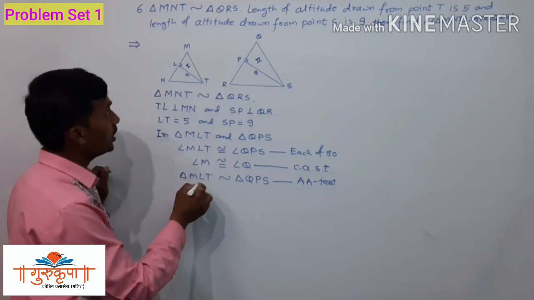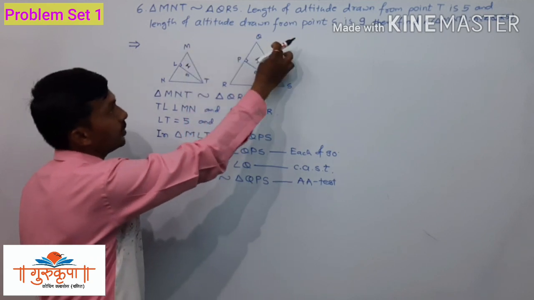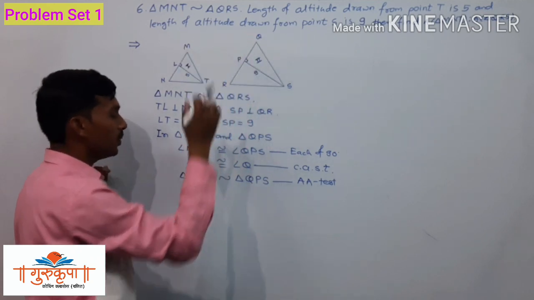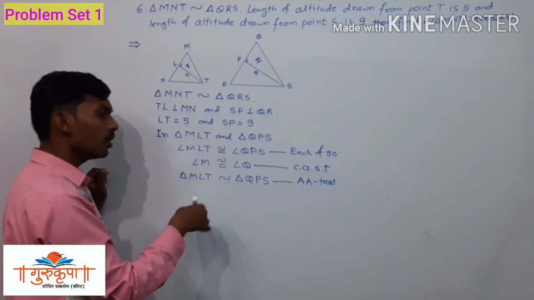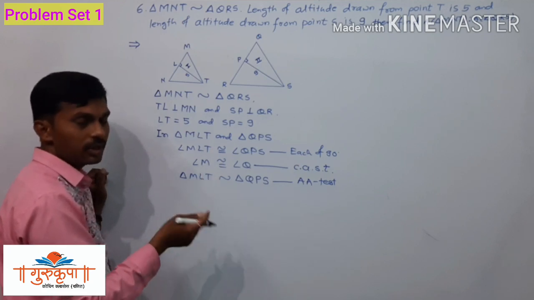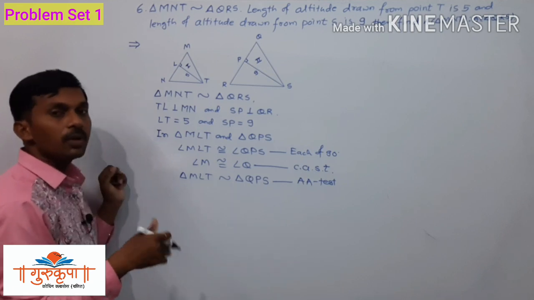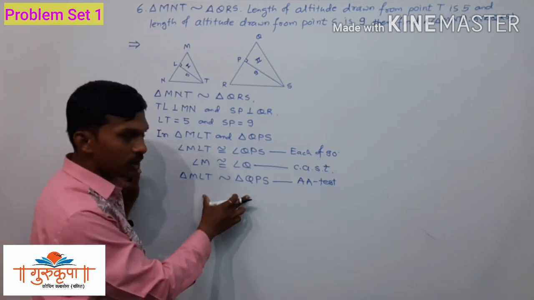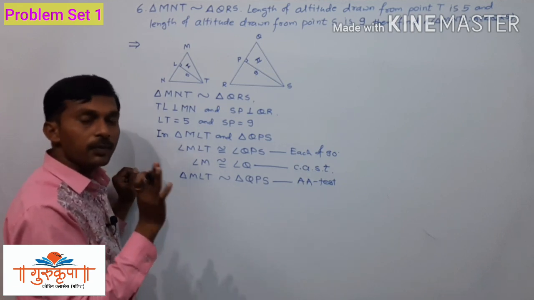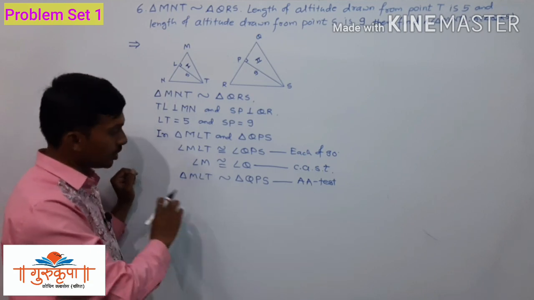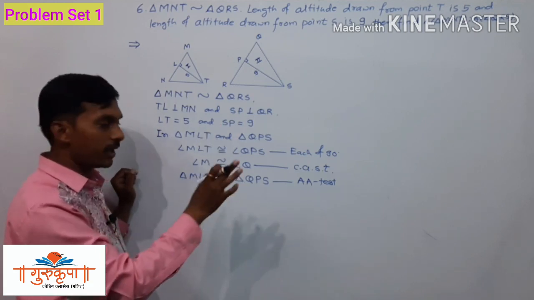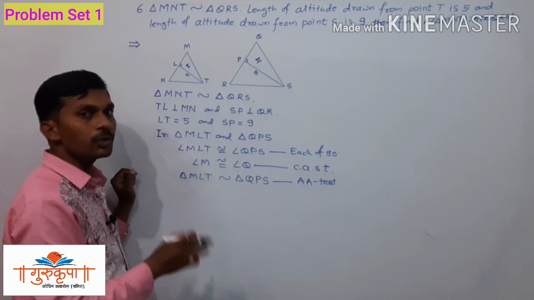Now here we can write MT upon QS is equal to LT upon PS, or we can write all the three ratios and then we will write the two ratios which we need. If you are able to write only two ratios, you can write, and if you are unable to write only two ratios, write all the three ratios and then choose two ratios only.